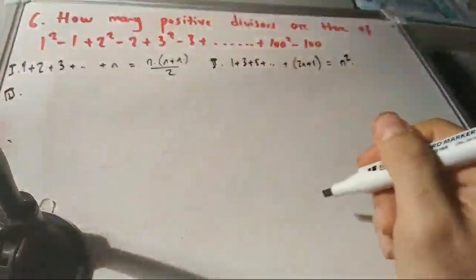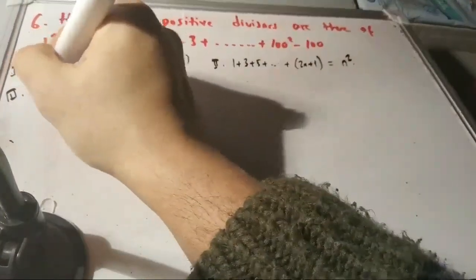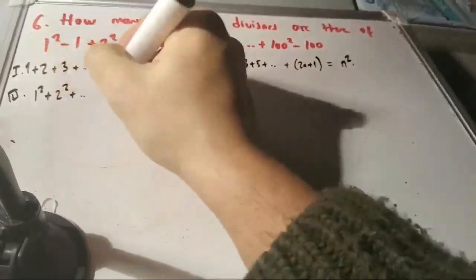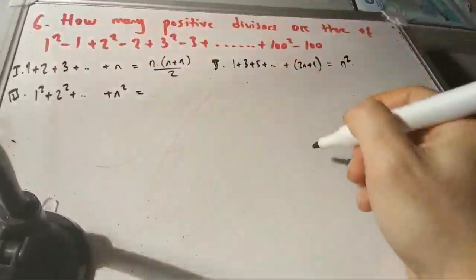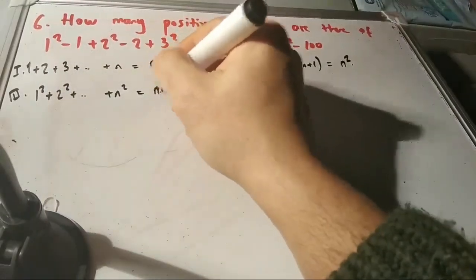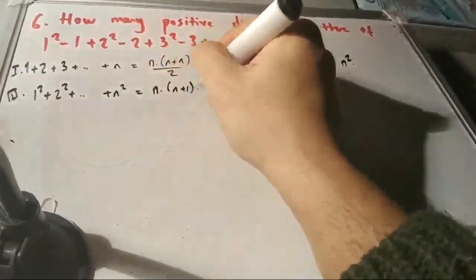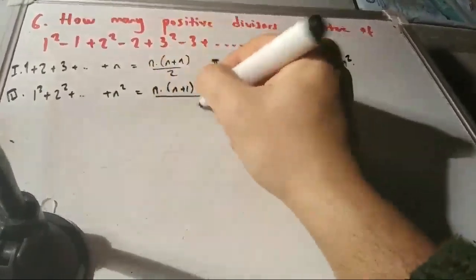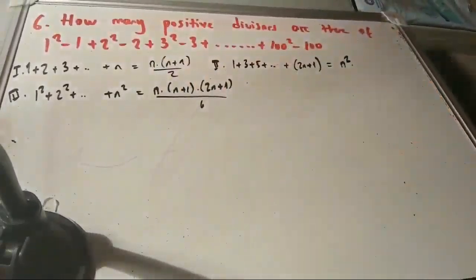And the third one, the sum of squares of natural numbers, 1 squared plus 2 squared plus till n squared is equal to n times n plus 1 times 2n plus 1 over 6. So after that we can come back to our question.